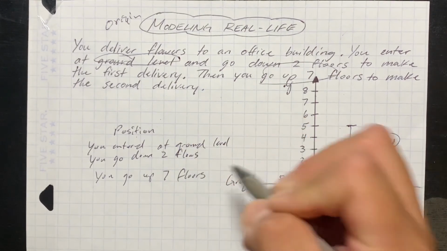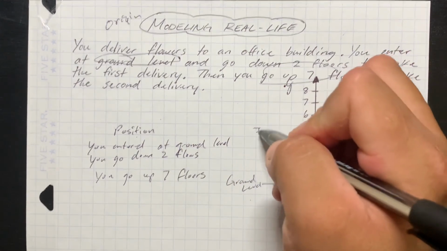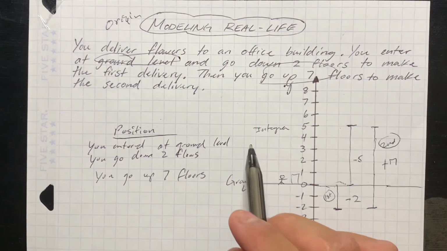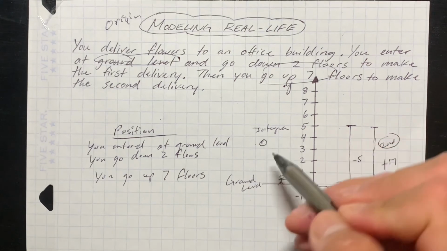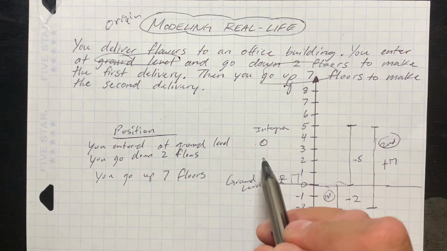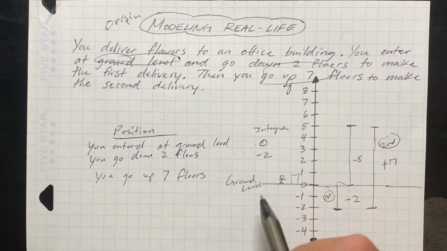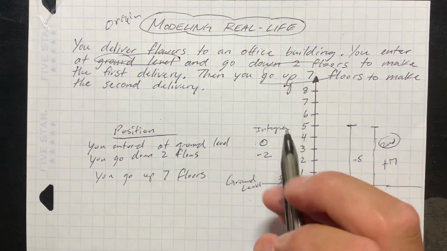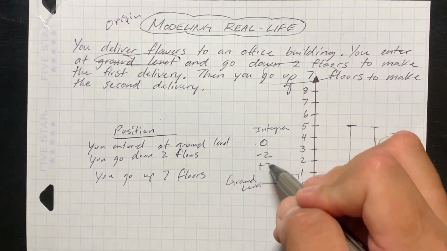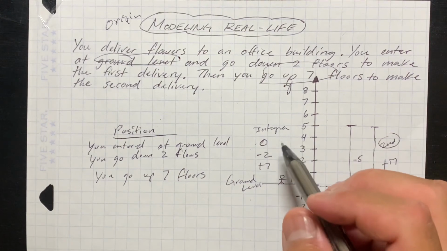Okay, so the integer that we have, if we were to enter at ground level, we start off with the origin at 0. And then when we go down to make our first delivery, down 2 floors, we're at -2. And then we go up 7 floors to deliver our flowers for the second delivery. So that's +7.